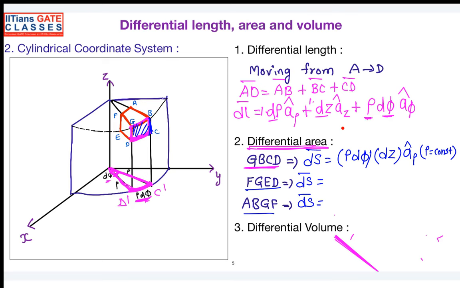So first write down for F, G, E and D. When you are moving from F, G, and D, this is the surface which represents that. So F to G, there is a change in rho, right? And G to D, there is a change in z. Since rho and z both are linear directions, straight away you will get d rho into dz. And since phi is not changing, which is a constant, the direction is a phi cap.